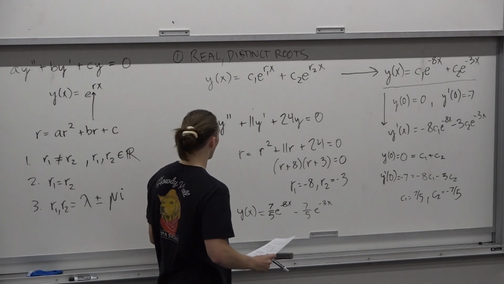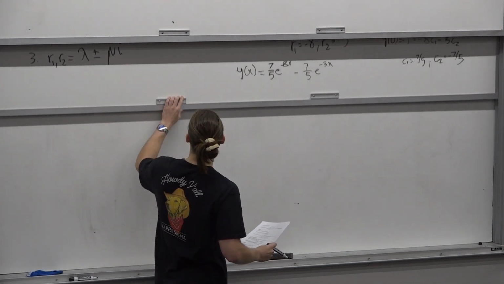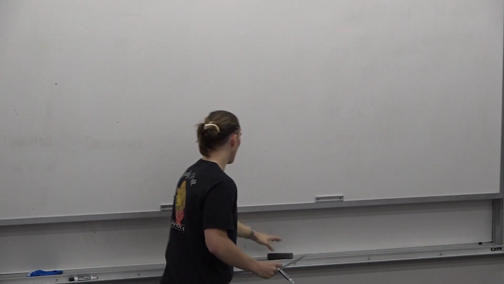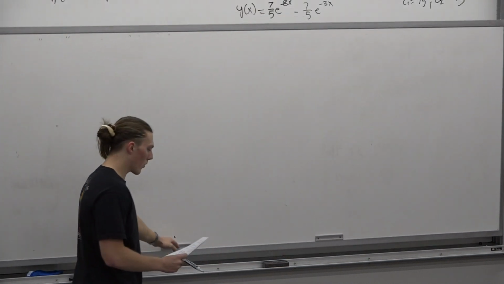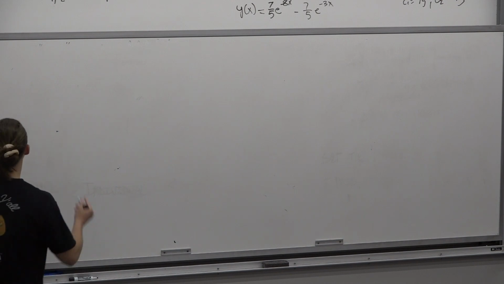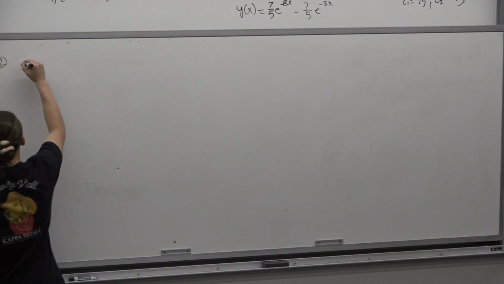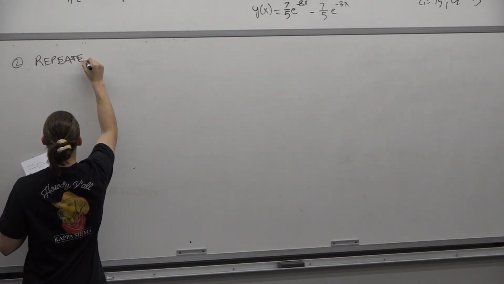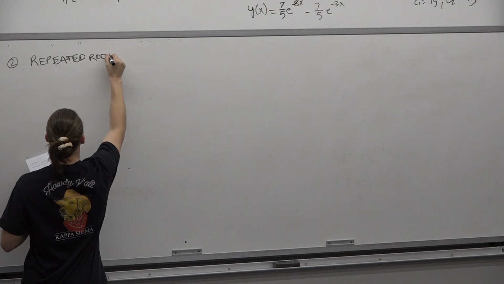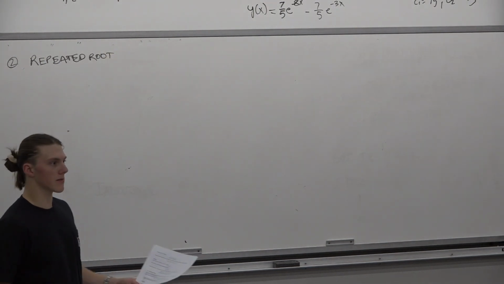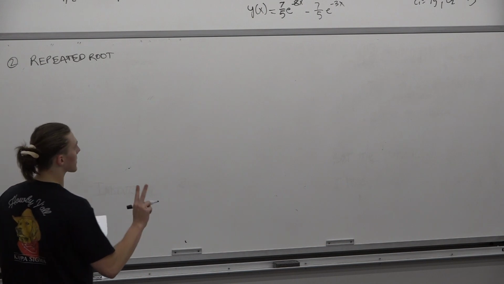But now we're going to go into the other two cases, which we'll see here. So now what if we solve that characteristic polynomial and we have one root, so a repeated root? If this is the case, we have a very slight modification to our solution.